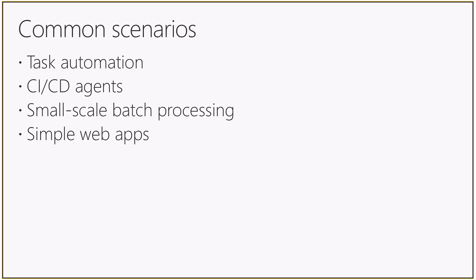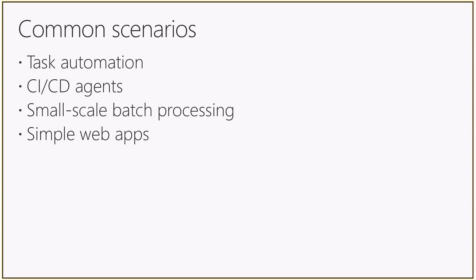CI/CD pipelines, agents. So let's say you have continuous integration, continuous deployment agents that you run whenever you have some changes in the code, and they run a certain time or when a certain thing happens.